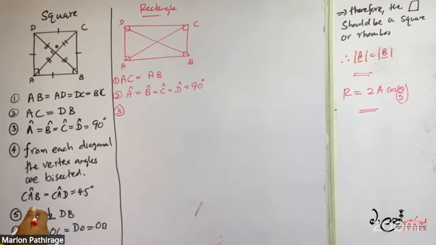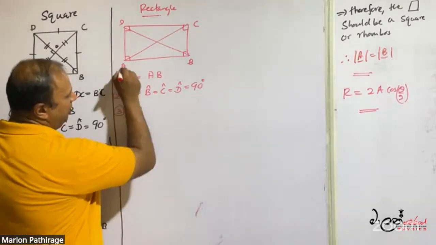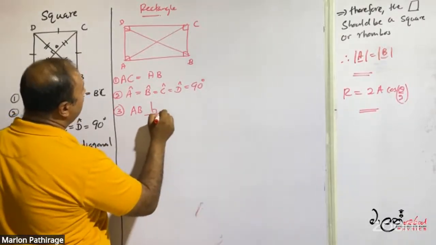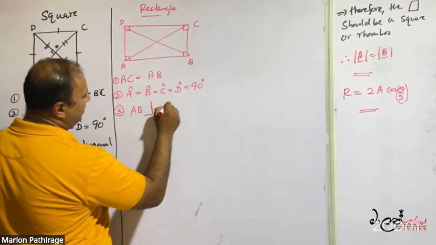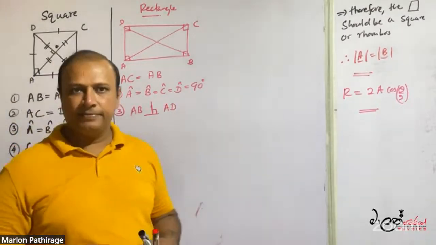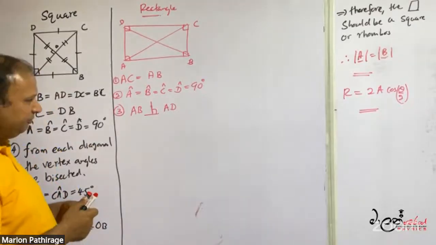That means the AB line is perpendicular to AD. The vectors are perpendicular.